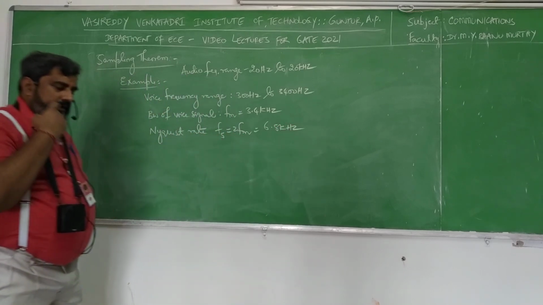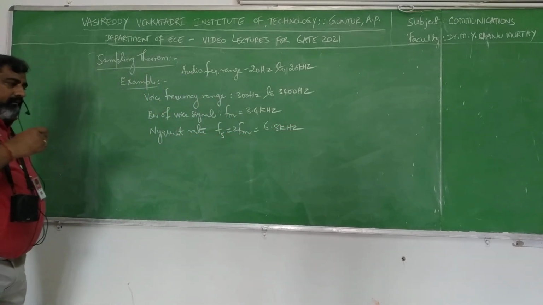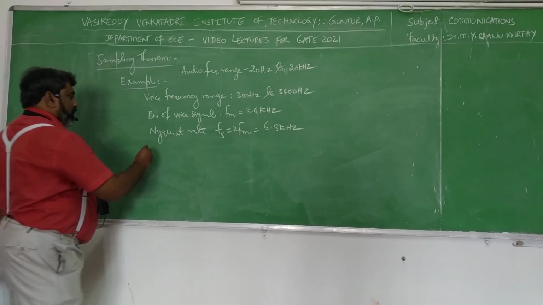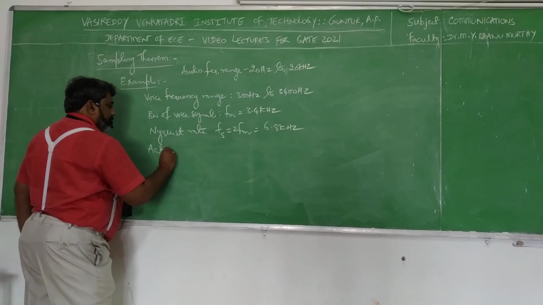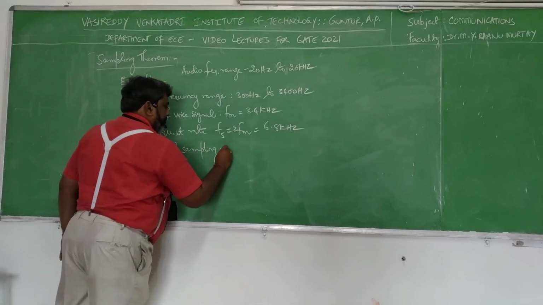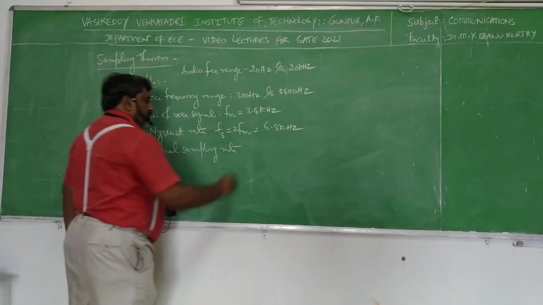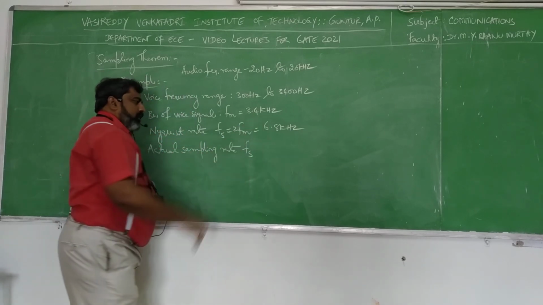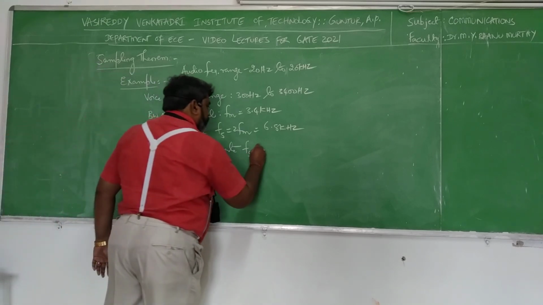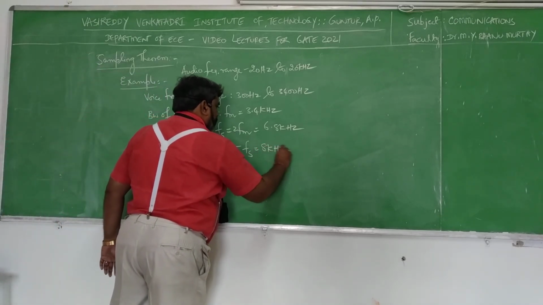And just now we have seen that we sample the signal at a rate slightly higher than the Nyquist rate. So what is the actual sampling rate now? The actual sampling rate should be greater than 6.8, and normally the value that is used is 8 kilohertz, to sample speech.